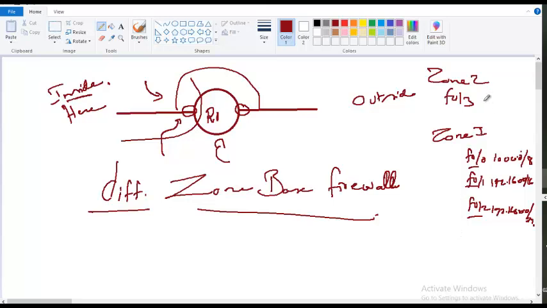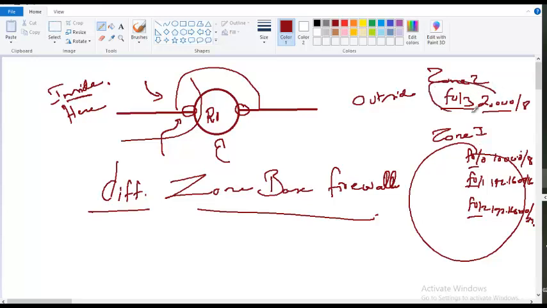But the routes that are learned through, let's say 20.0.0.0, the routes that are learned on this interface via this network from remote will be there in the routing table, but no one that is connected via this interface can communicate to those that are connected via this interface.